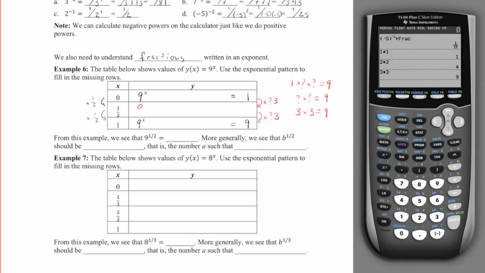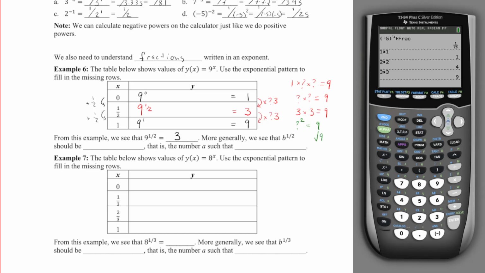So each time we go down a row here, we're multiplying by 3. In other words, 9 to the 1/2 should be 1 times 3 is 3. We see that 9 to the 1/2 should be 3 if including an x value of 1/2 is going to keep this exponential pattern. More generally, we have a word for what we're doing here, right? We're saying my unknown number squared is 9. That's just what it means to be the square root of 9.